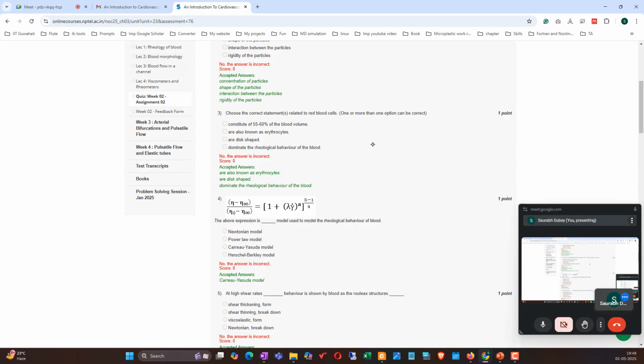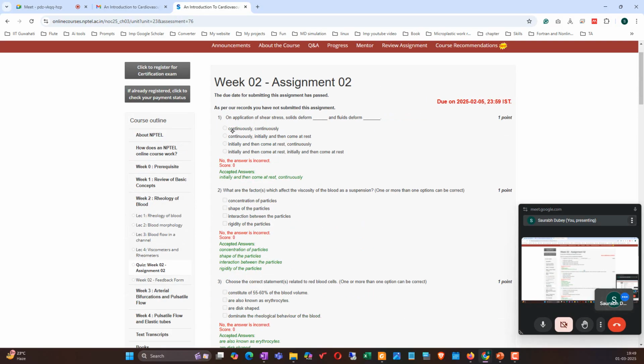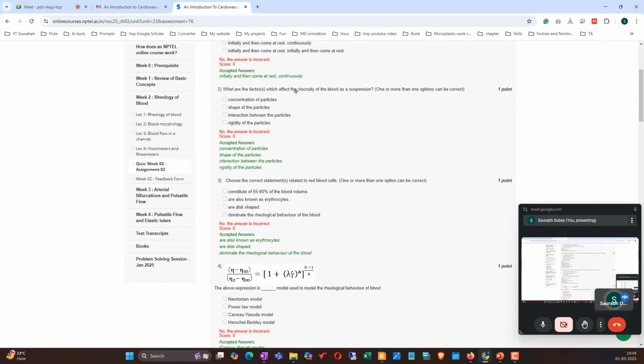Okay, so these were correct about the RBCs, right? General questions were there. One application here is about solid basics, solid dynamics, and then what are the factors which affect the viscosity of the blood suspension: concentration of the particles, shape of the particle, interaction between the particles, and the rigidity of the particle. I think all of them are correct answers. So that is it.